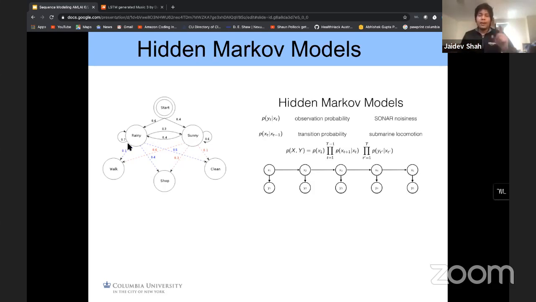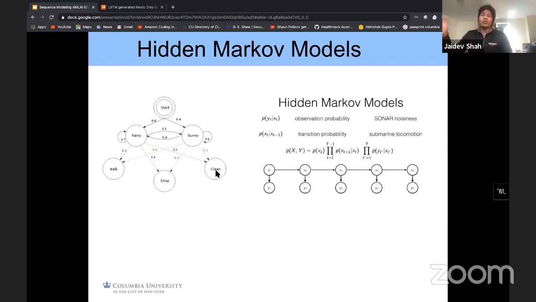Well, that's equal to the probability of rainy given start, that's 0.6, multiplied with the probability of sunny given rainy, that's 0.3. That encodes the hidden states. And multiplied by the emission probability. So multiplied by the probability of me shopping given rainy, so multiplied by 0.4, and multiplied by the probability of me, well, I said clean, right? So the probability of me cleaning given sunny, it's 0.1.